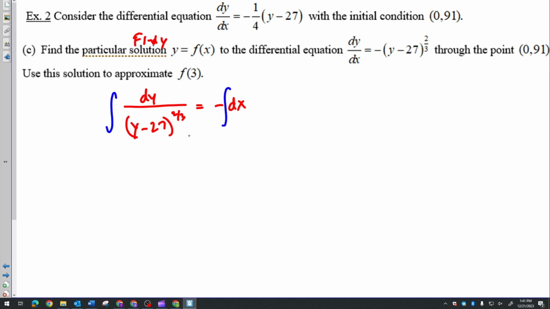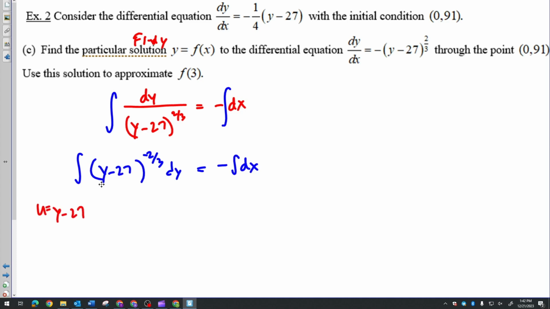So I need to integrate both sides. On this side, I'm going to rewrite in order to integrate, and on the other side I'm not integrating yet, so let me leave it as is. The way you integrate this is you make u equal to y minus 27.